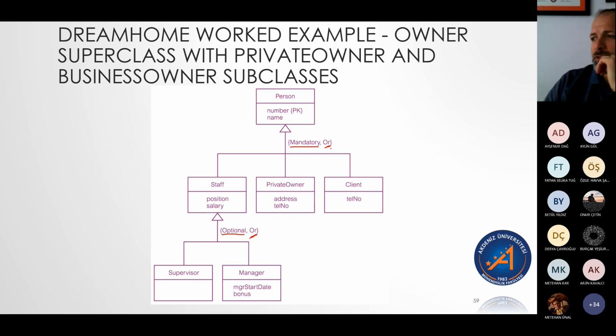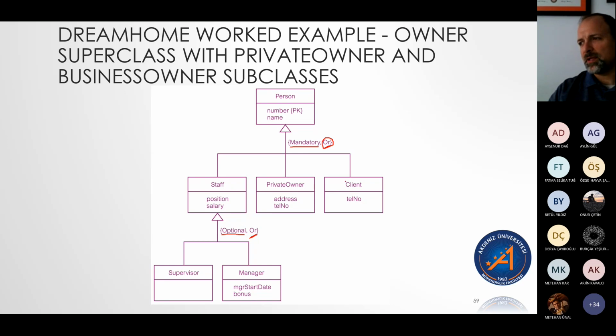Oh, sorry. Okay. So this or right here, somebody designed this so that you could only be a staff or a private owner or a client. You cannot be more than one of these things. So basically what that's saying is if someone is a staff person who works for our company, they cannot also own a property. If someone's a staff person, they cannot also rent a property.